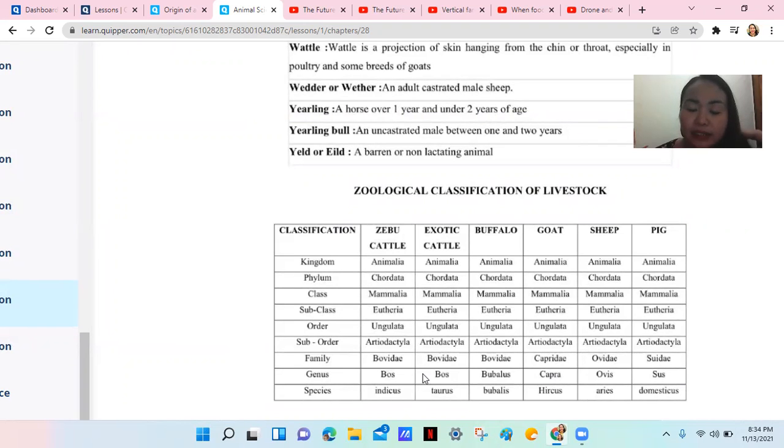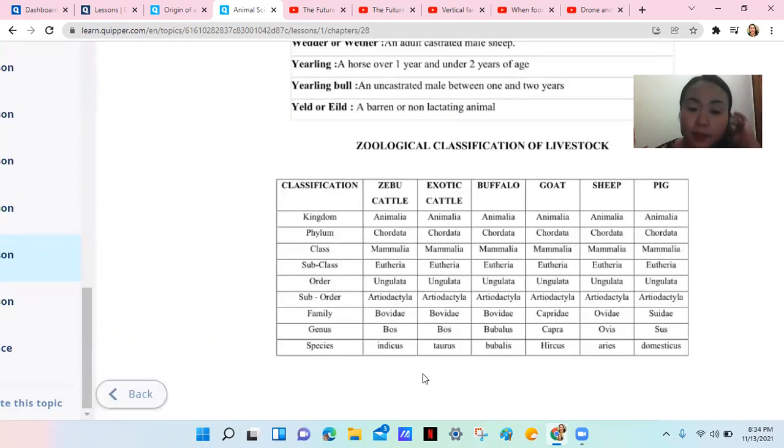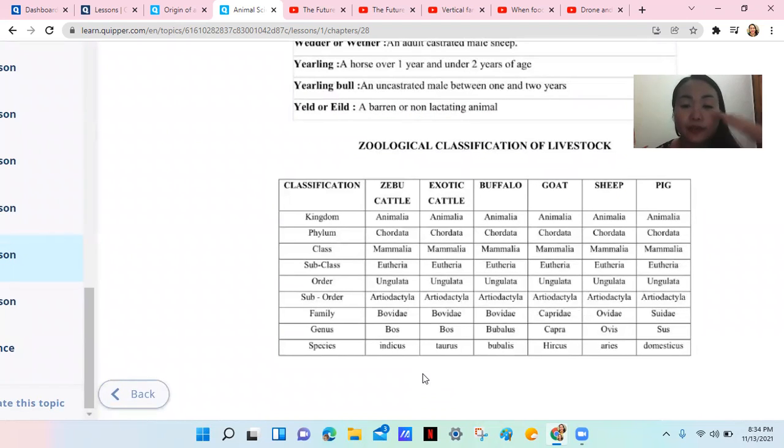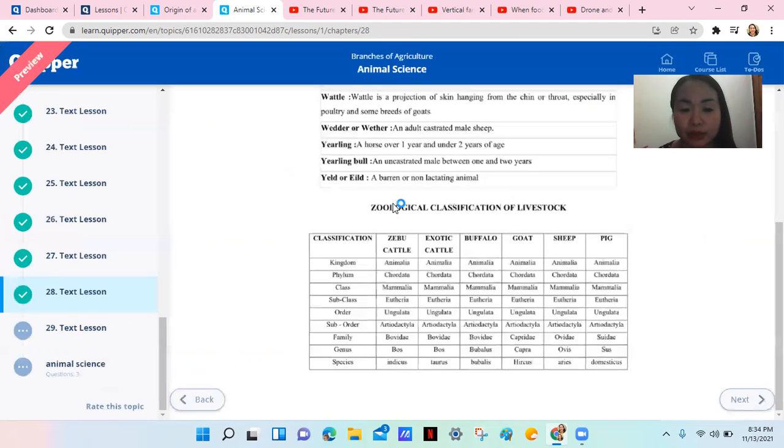And for the genus and species, which comprise their scientific name, for cattle we have Bos indicus for zebu cattle and Bos taurus for exotic cattle, for buffalo Bubalus bubalis, for goat Capra hircus, for sheep Ovis aries, and for pig Sus domesticus.